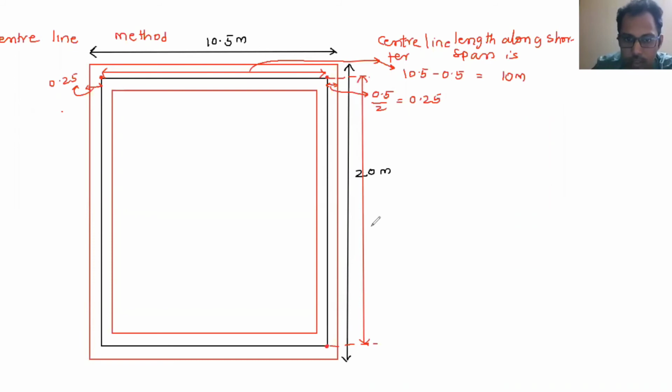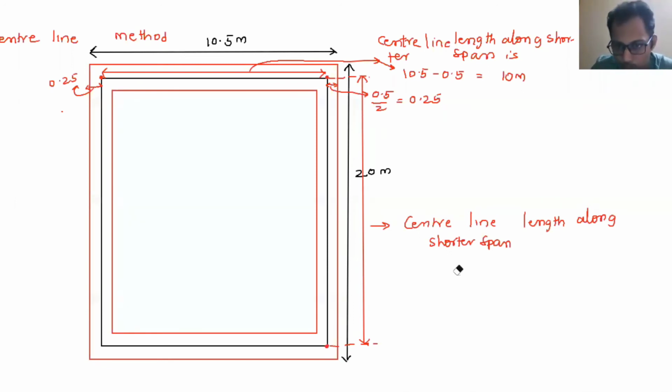This is the center line length along the longer span, not the shorter span. It is the longer span.